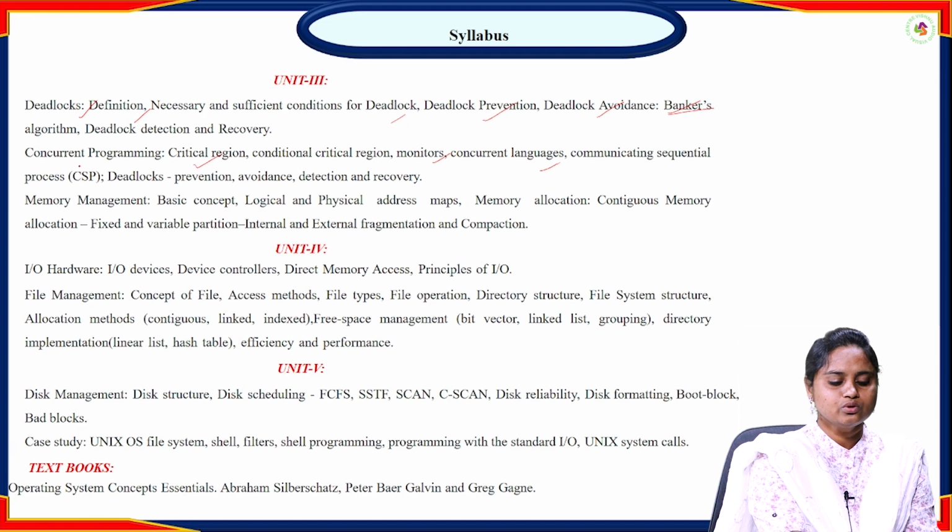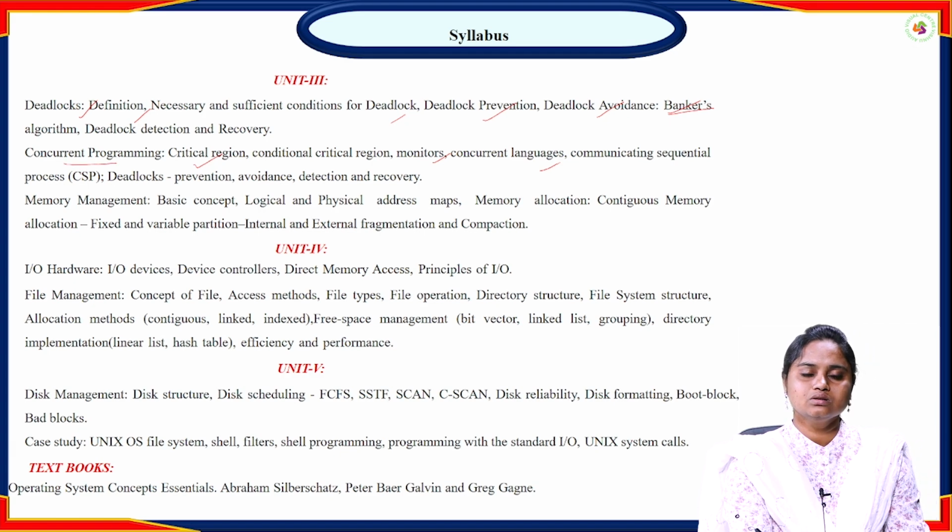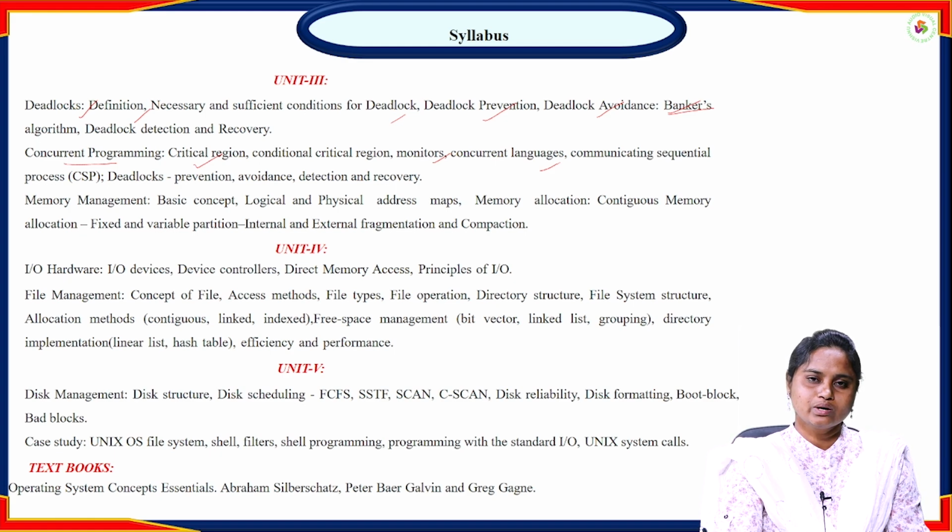Because in concurrent programming, the name itself says that we are going to execute multiple processes at a time, concurrently, in parallel, so the communication between the processes is very, very important. Why? Because we are not allowing multiple processes at a time without care. Why?